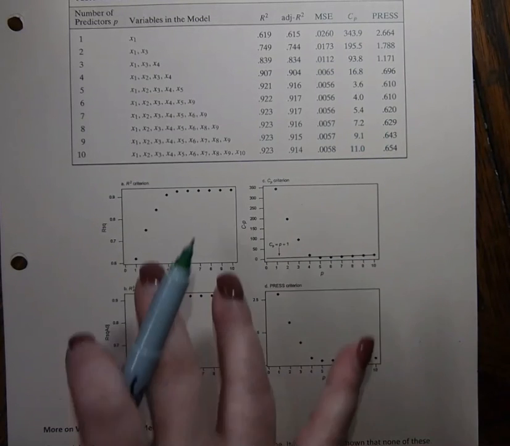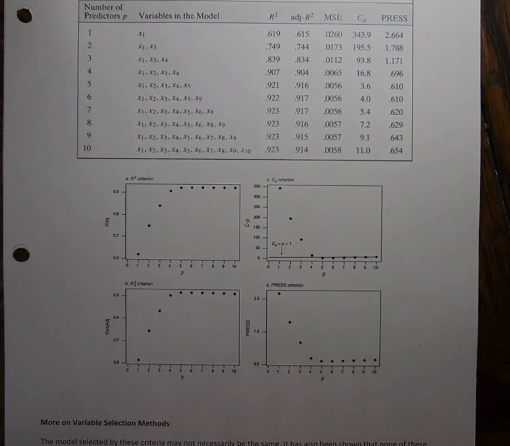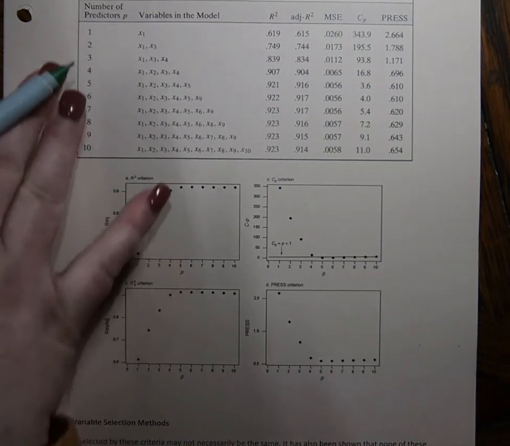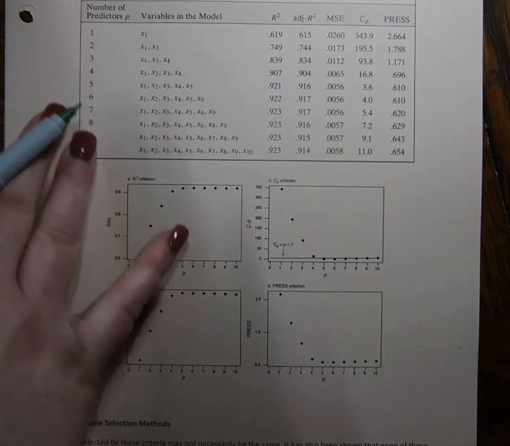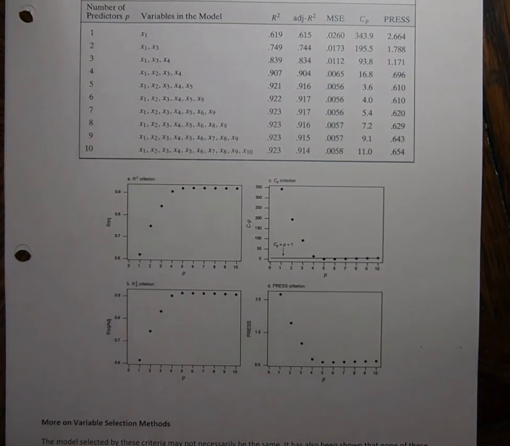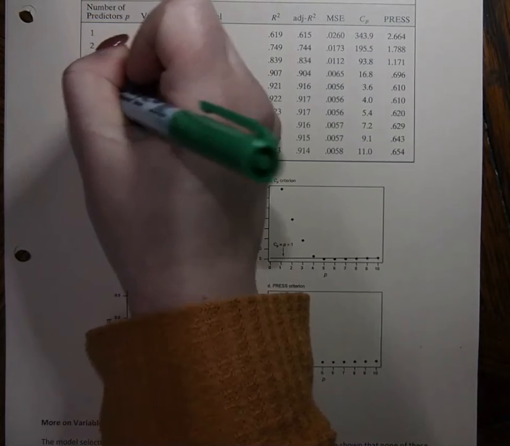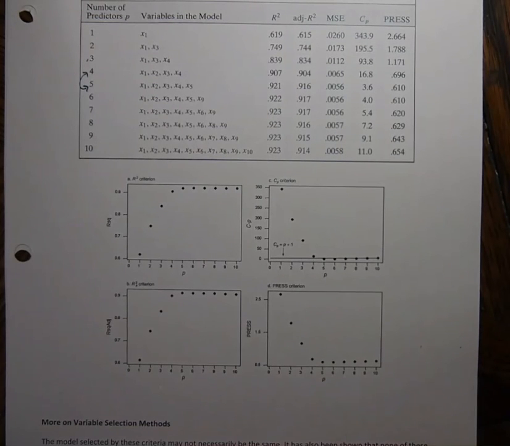And so visualizing it this way can help me decide which of these models, or which of these variables, to include in the model I'm going to work with. And so looking at this, more than likely our choice would be somewhere between the 4 and the 5 model. So we would pick one of these sets of variables because again, that's when we start to see, for each of our criterion, that level off.